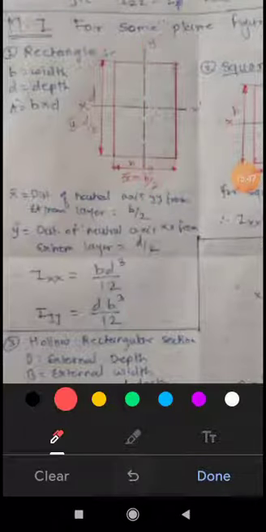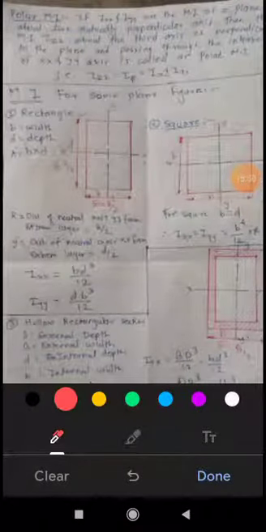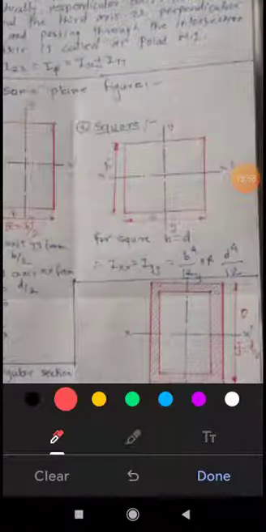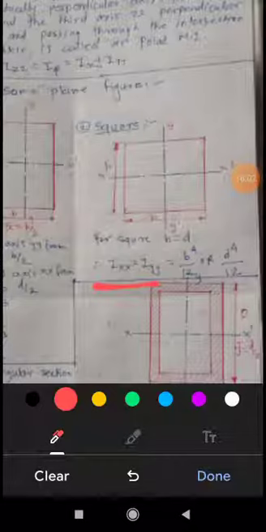If it is a square, every square is a rectangle. Therefore, similarly we can write the moment of inertia of a square. Here b and d are equal.